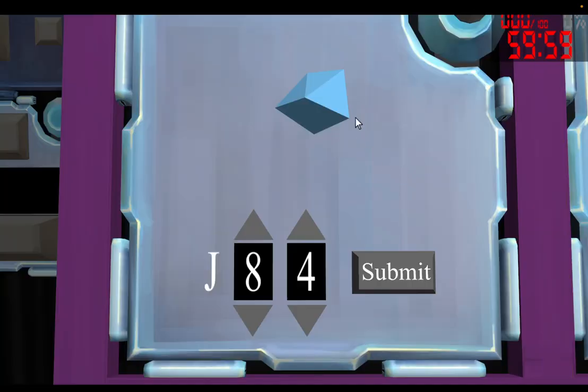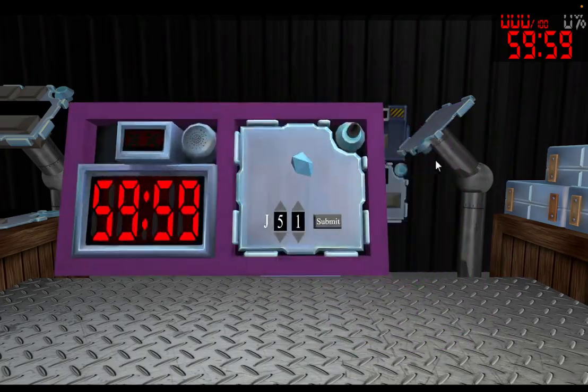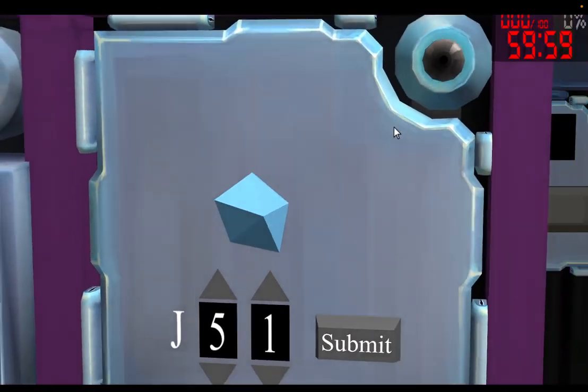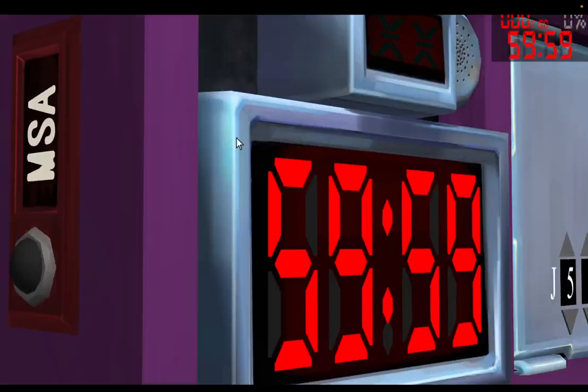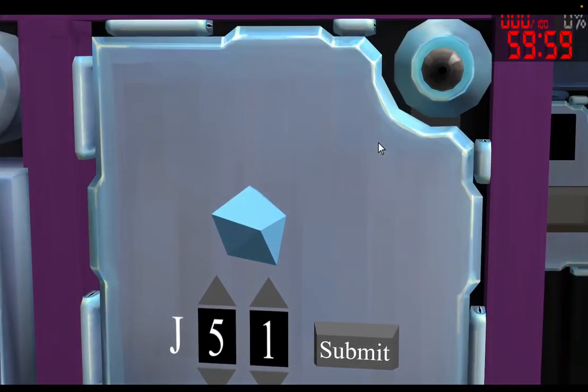And the main differences between the snub disphenoid and a tri-augmented triangular prism are, one, that the snub disphenoid has 12 faces, while the tri-augmented triangular prism has 14.